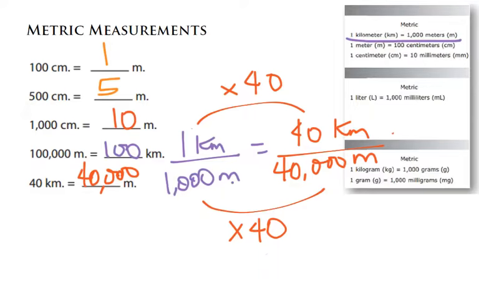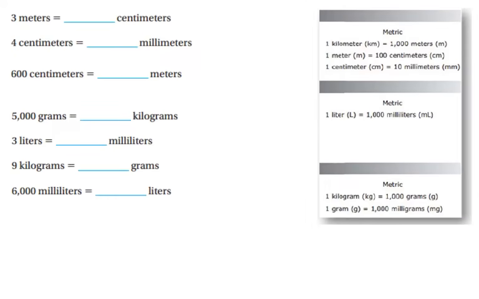All right, I hope that makes sense. Okay, let's look at the next one. Whew, we have 7 more. 3 meters equals how many centimeters? Let's look for the conversion. Oh, right here. 1 meter equals 100 centimeters.